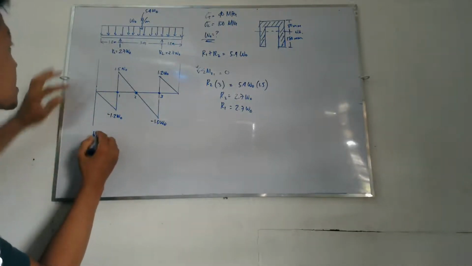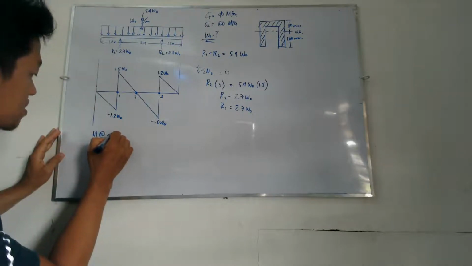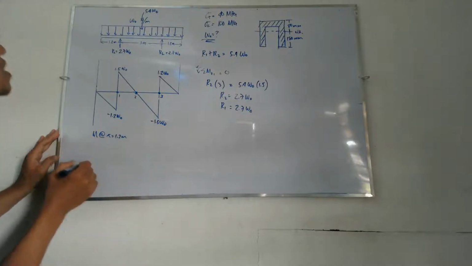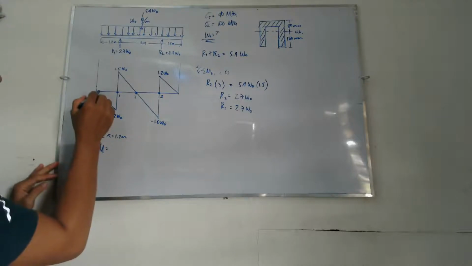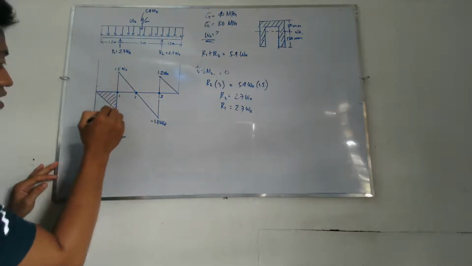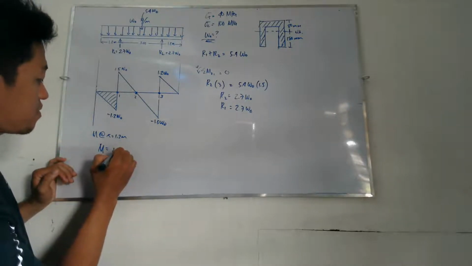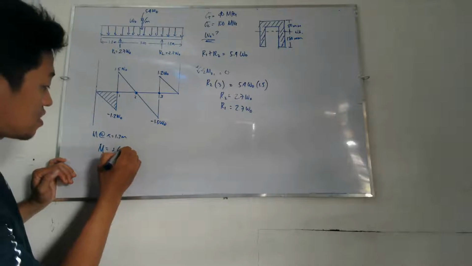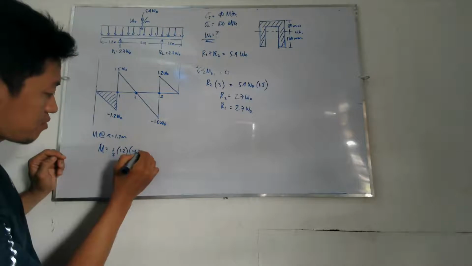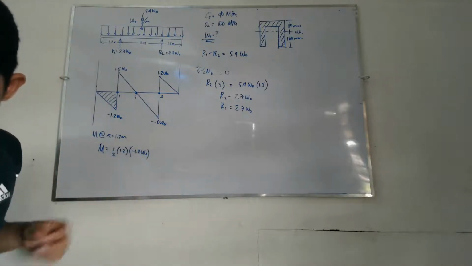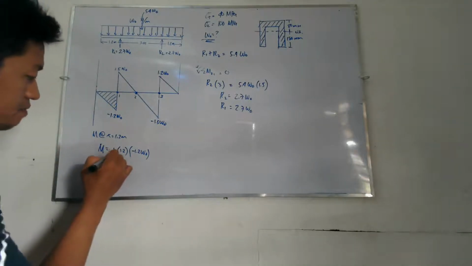Moment at x equals 1.2 meter. Pila ang moment diha? Ang moment ana niya kani. Okay. Kanang area. So, kanang area, 1/2 base 1.2, ang height kay negative 1.2.